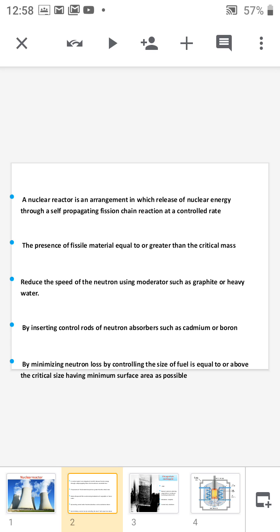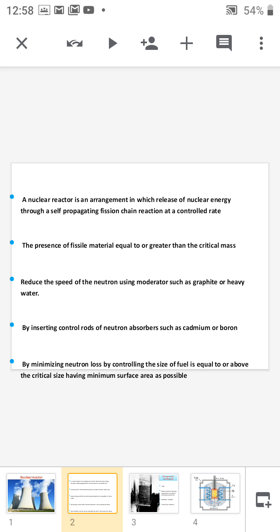So first condition, the material which is present in the nuclear reactor must have the critical mass. The second one, we have to reduce or control the speed of a neutron by using a moderator. The third one, we have to regulate the number of neutrons inside the reactor by using a control rod.